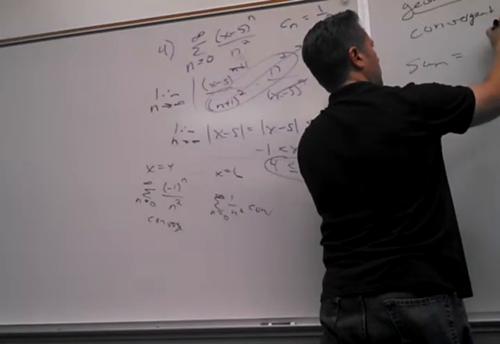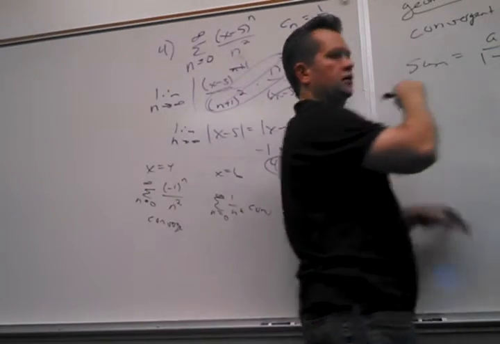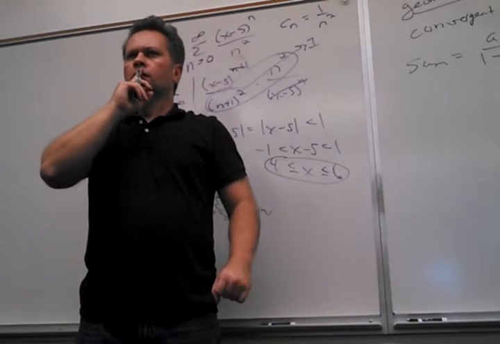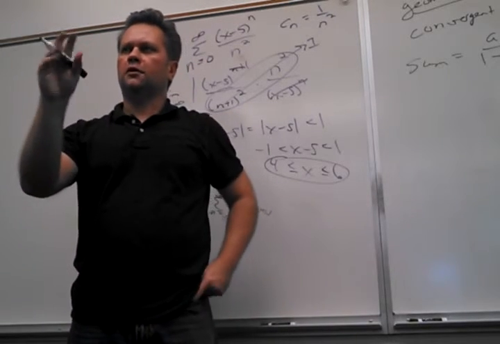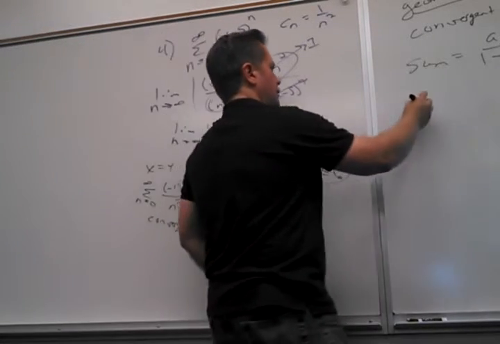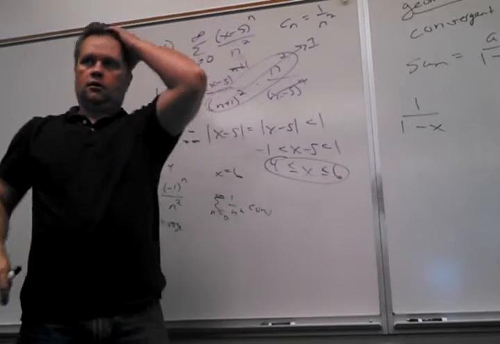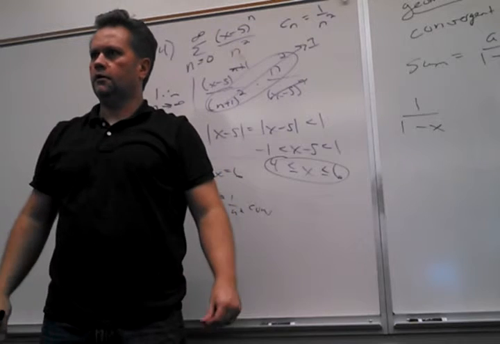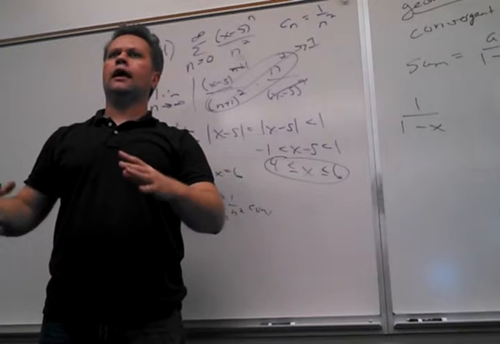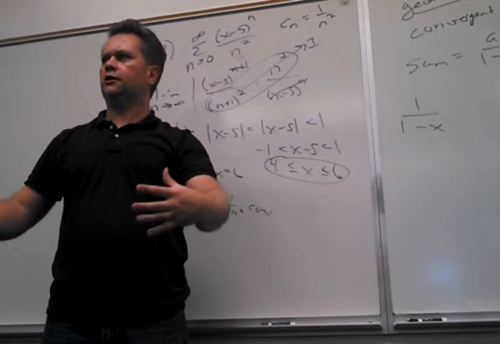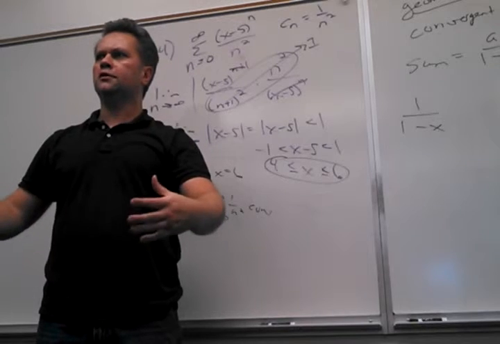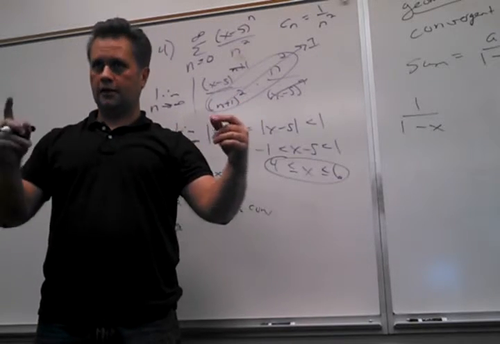So the sum will be A over 1 minus R, right? Now watch this, this is interesting. If I had 1 over 1 minus X, I can see that as the sum of an infinite series where R was X.